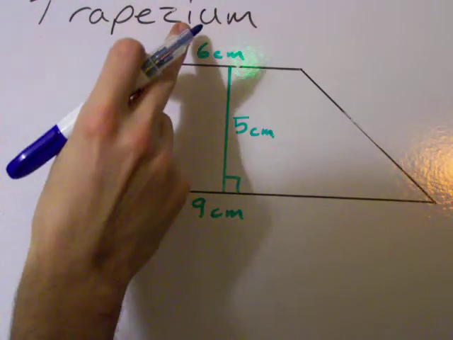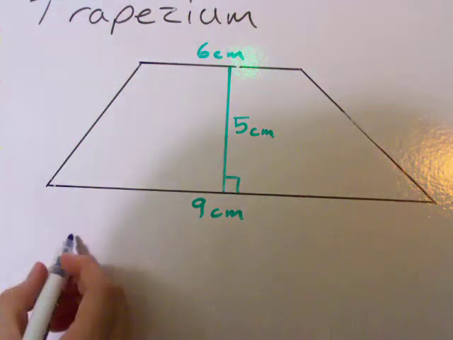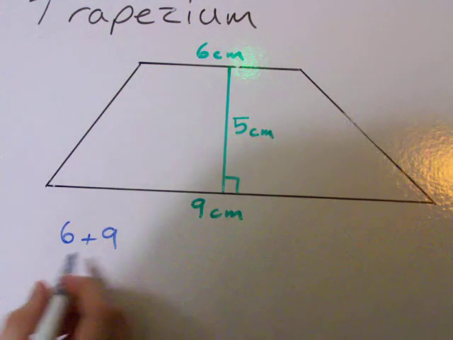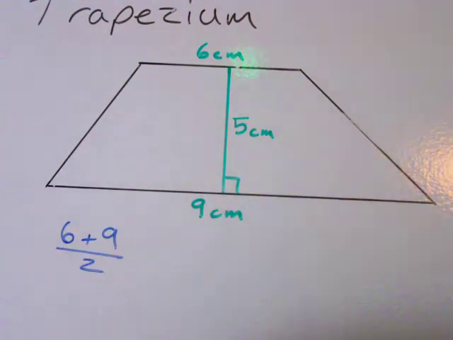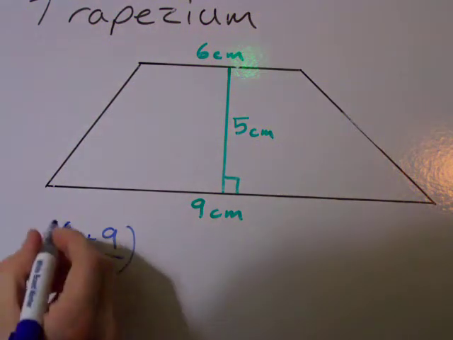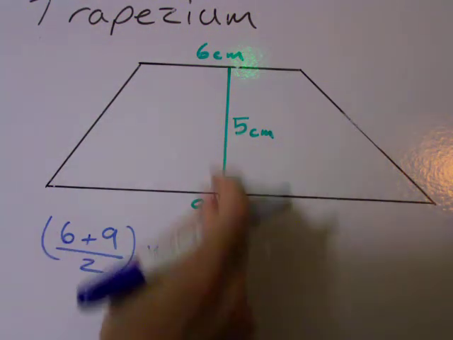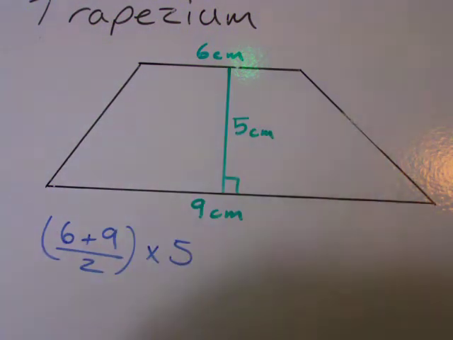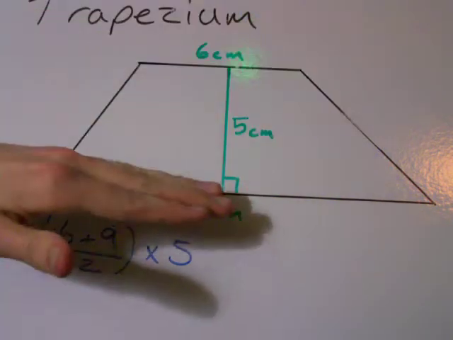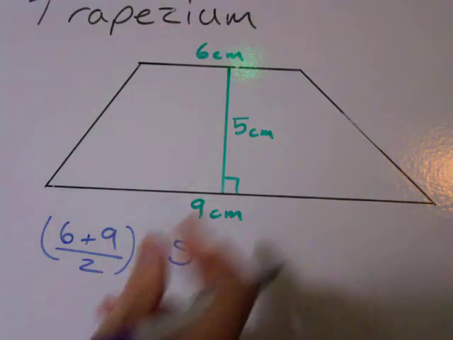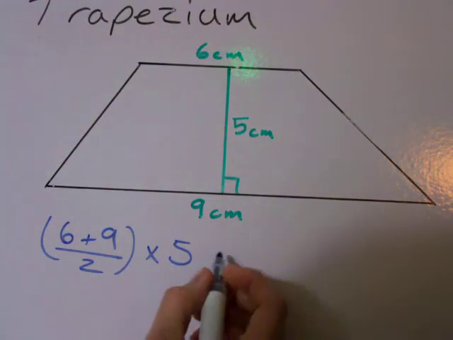Right, the rule for this is you add your top and your bottom lengths, so that's 6 plus 9, and then you half them, and then that result you multiply by your perpendicular height, and that's for any trapezium. If you take your top and your bottom length, add them up and half it, then multiply by your perpendicular height, you're going to get your area.